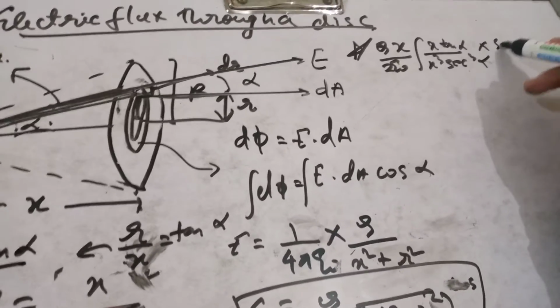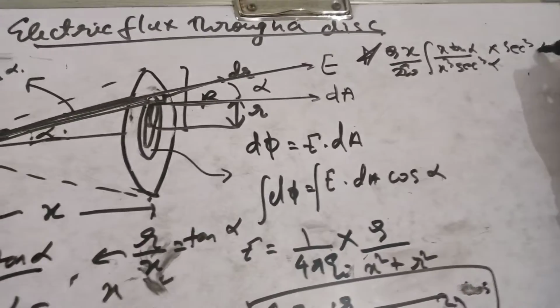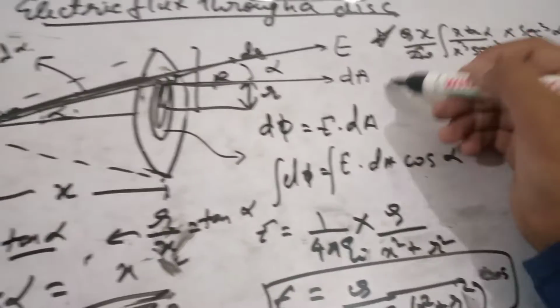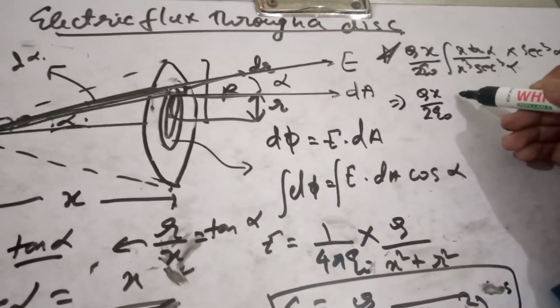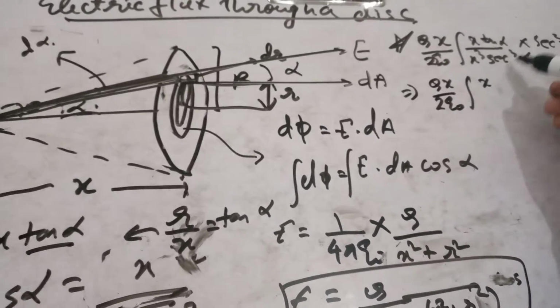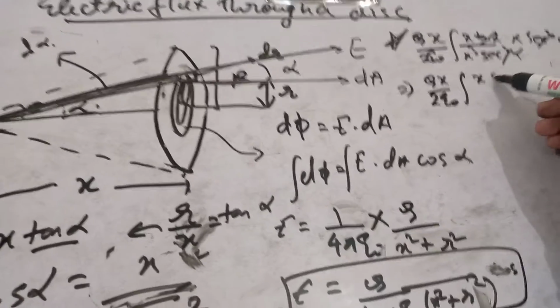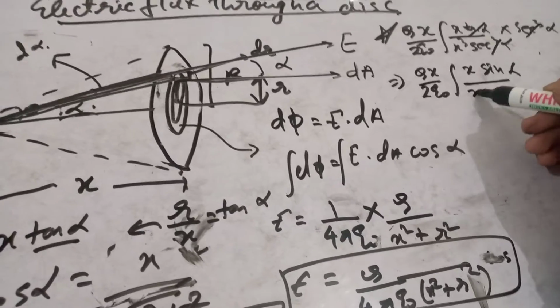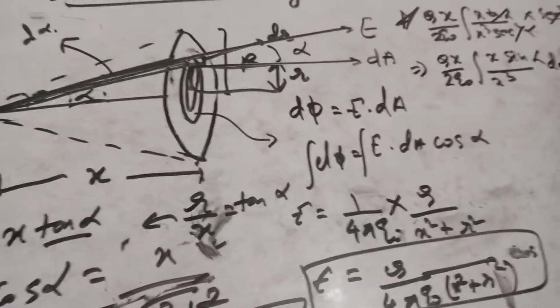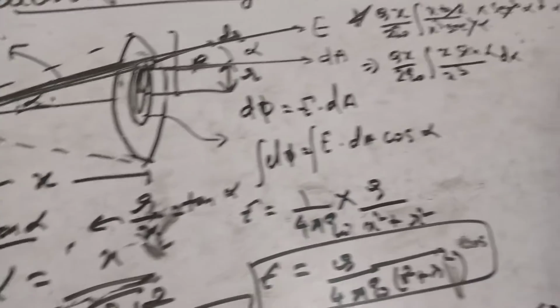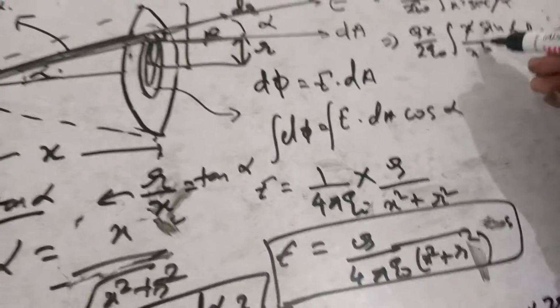So qx upon 2 epsilon naught into the integral of x, here it will become sin alpha upon x cube d alpha.